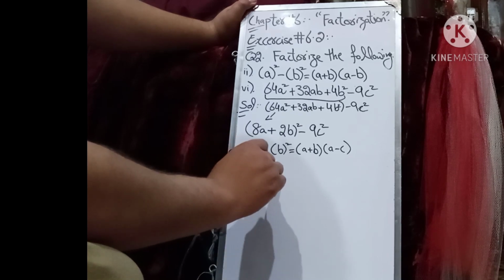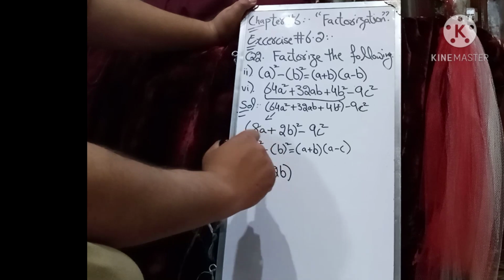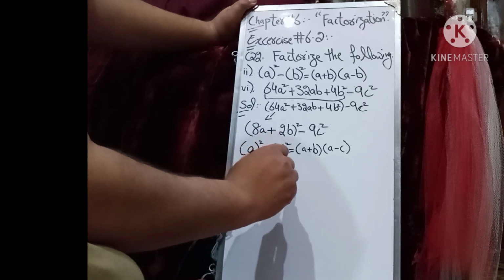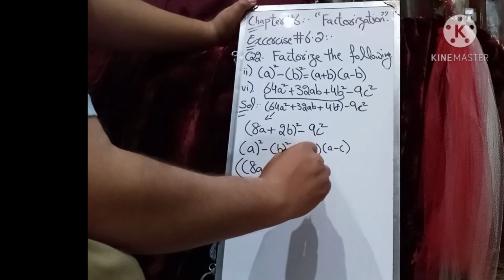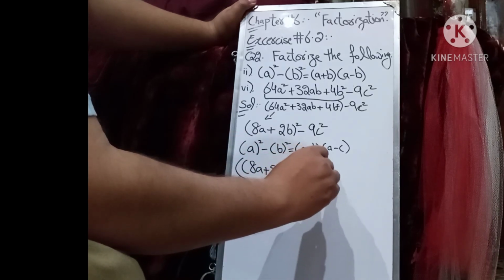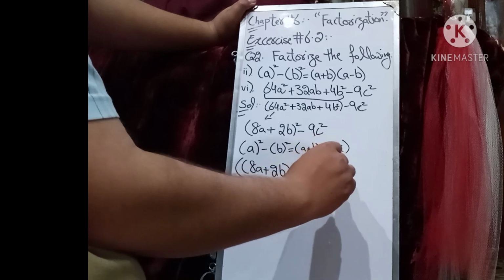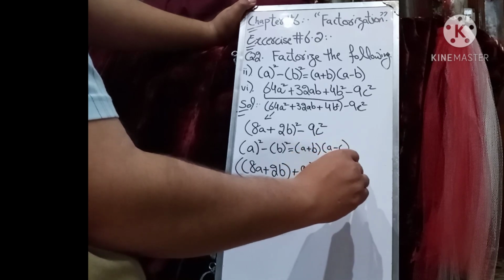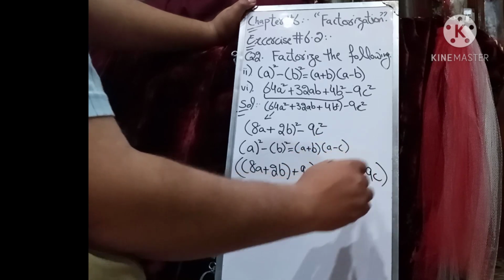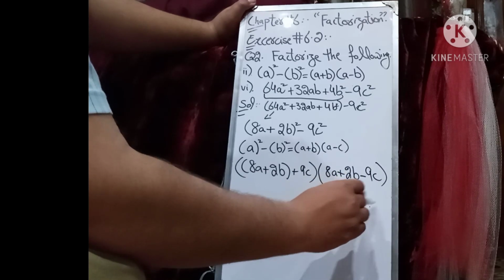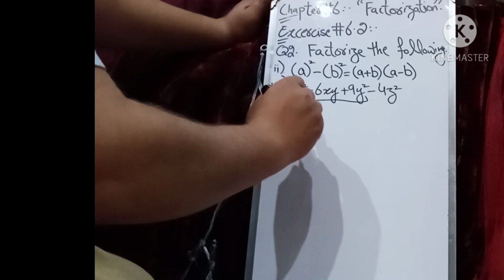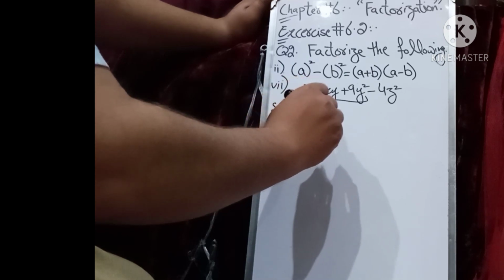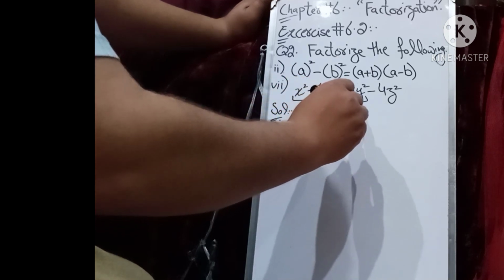So we know that a square minus b square is equal to a plus b into a minus b. So in this case we have 8a plus 2b is equal to a and 9c is equal to b. So you will write it in two factors, one in the form of plus and second one in minus.